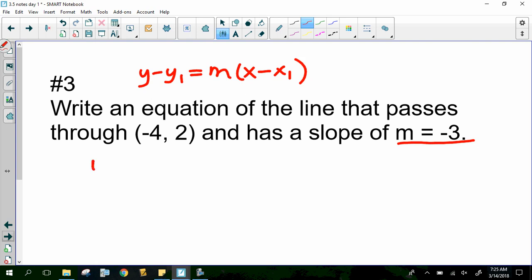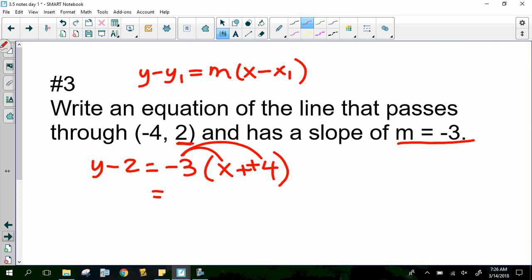So I'm going to do y minus 2 equals the slope, -3 times x minus -4. Minus a negative is a positive. Now we distribute the -3. -3 times 4, make sure you do that, and you'll get a -12. And y minus 2. Then we're going to add the 2.